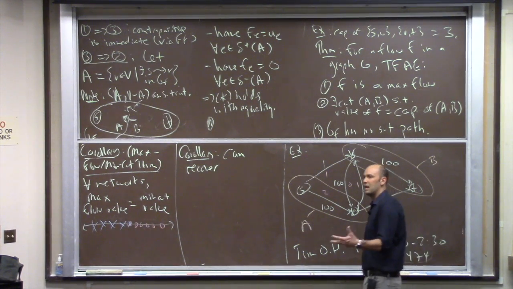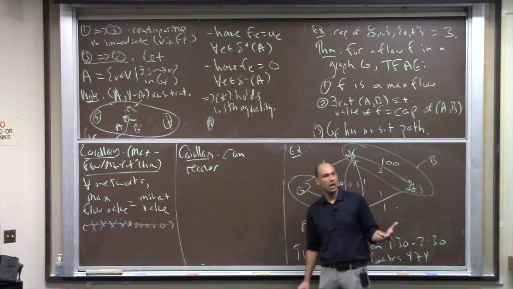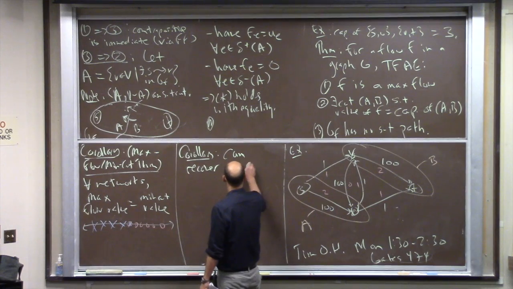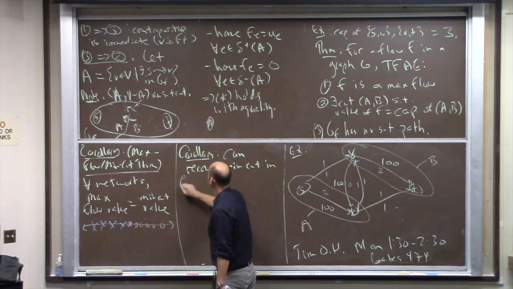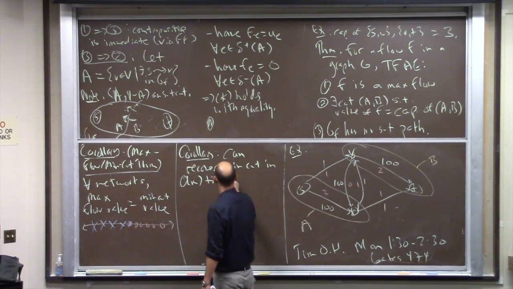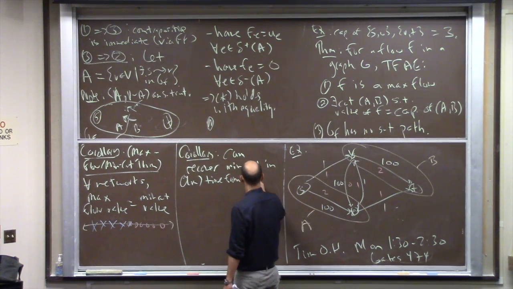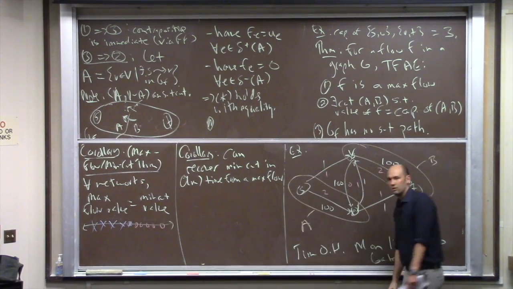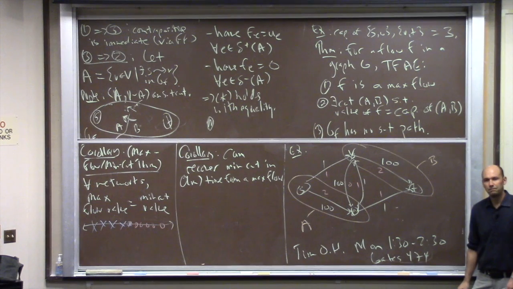So in this sense, minimum cut reduces in linear time to maximum flow. Do you see where the proof implies that? It's the very last step of the proof.